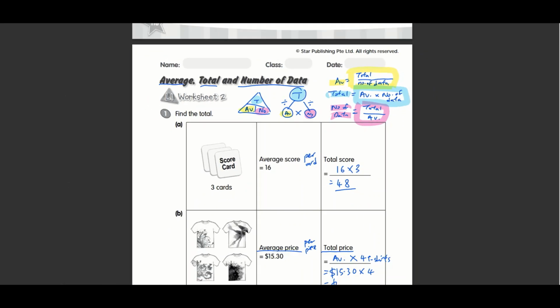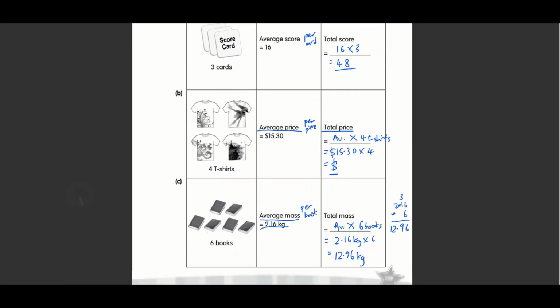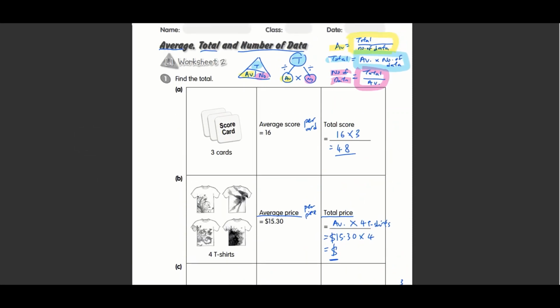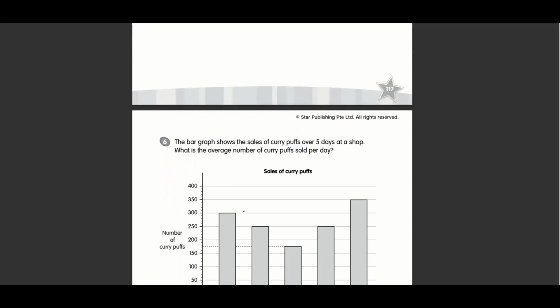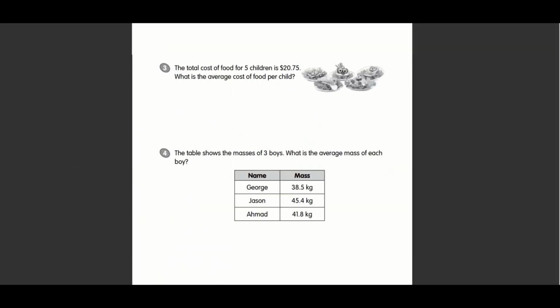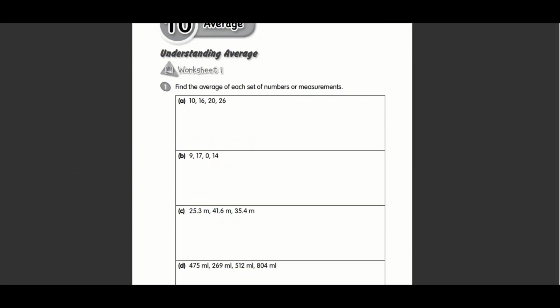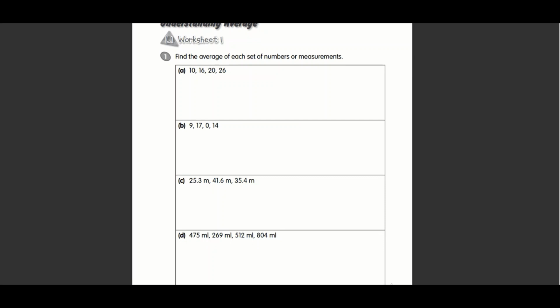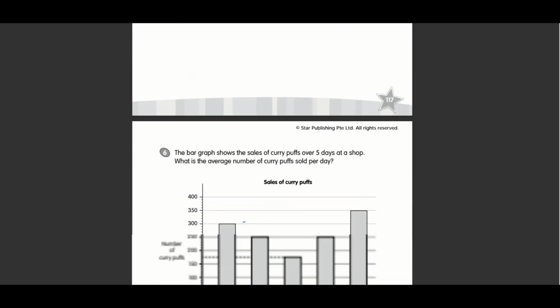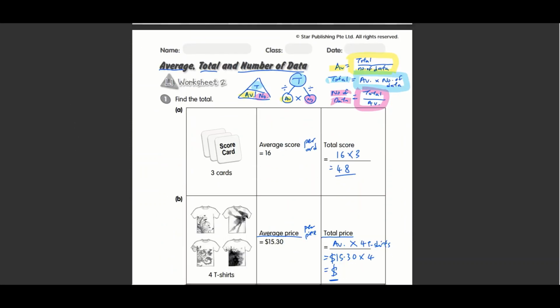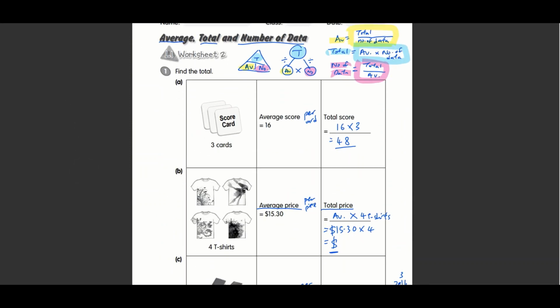The first thing we did at level 1 on page 119 was to find the total. Previously we were finding the averages, where you add up all the quantities given and then divide by the number of data in each set.